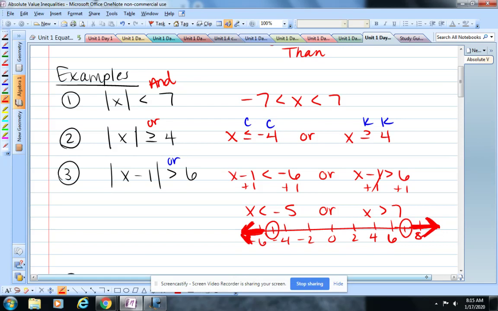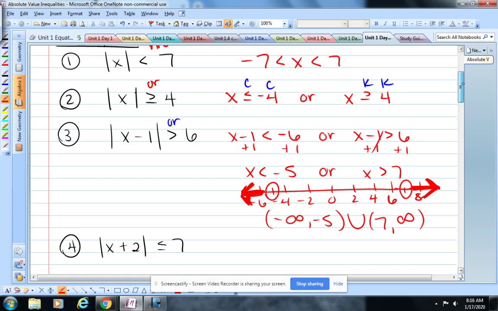What's the left boundary? Parentheses, negative infinity, comma, negative 5, parentheses. Then union. Then what's the left boundary on the next set? Parentheses, 7, comma, infinity, parentheses. Very good. Okay? So after you split it up, it's just like yesterday.